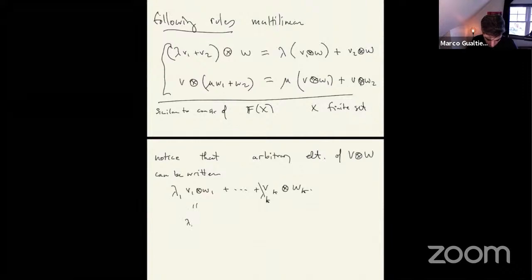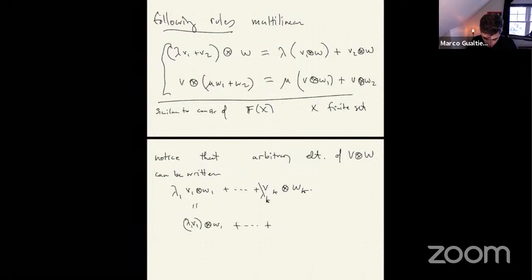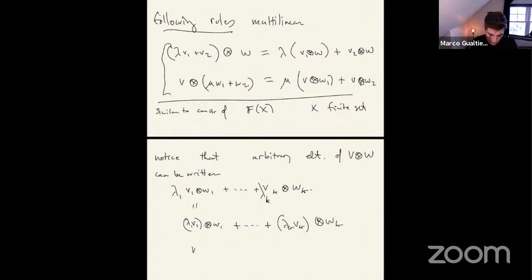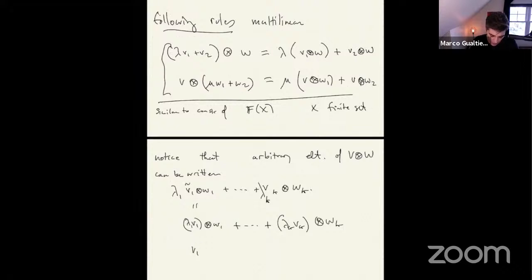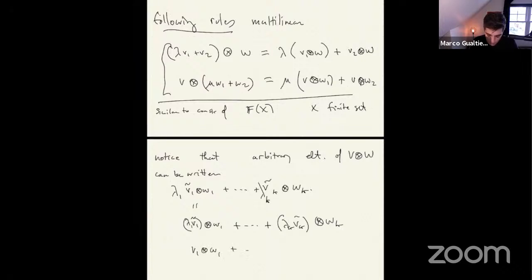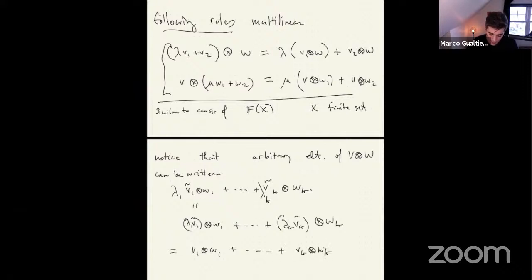So I could write this as lambda 1 V1 tensor W1 plus lambda k VK tensor WK. And so I can really just relabel this as W1 tilde, and so on, giving V1 tensor W1 tilde plus up to VK tensor WK tilde. So it's clear that I can always put any element of the tensor product into a form like this.